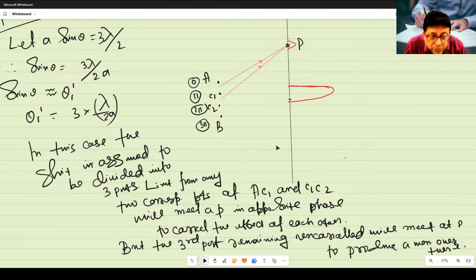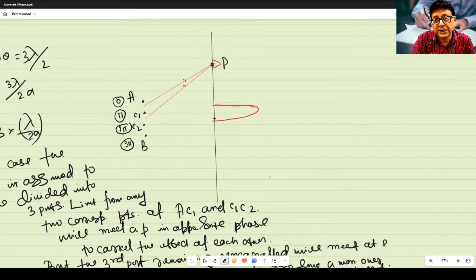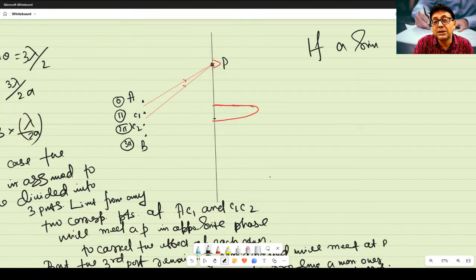Now, can you think about a sin theta equal to 5 lambda by 2? What is going to happen? Case 2, if a sin theta equals 5 lambda by 2, I am not writing, just tell me what will happen.